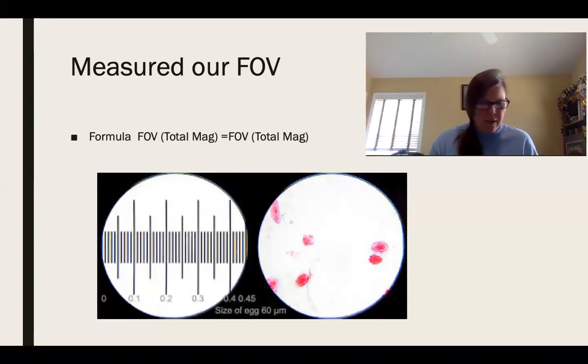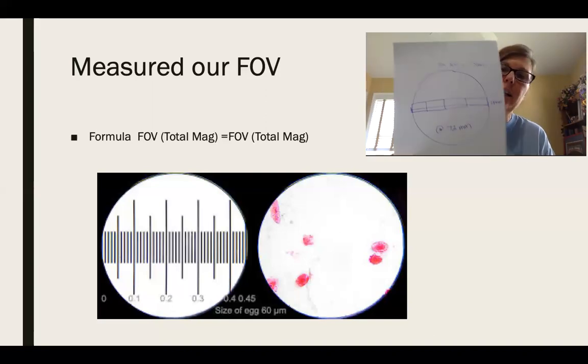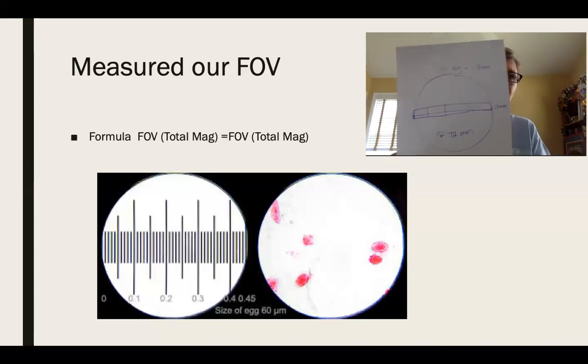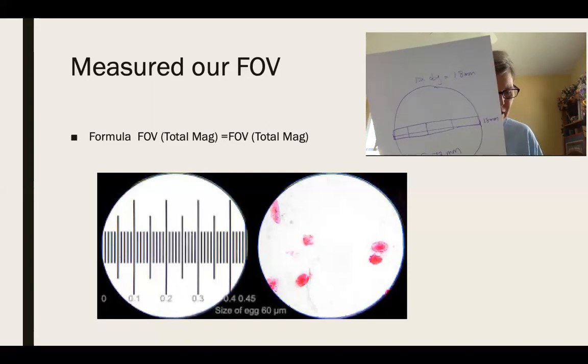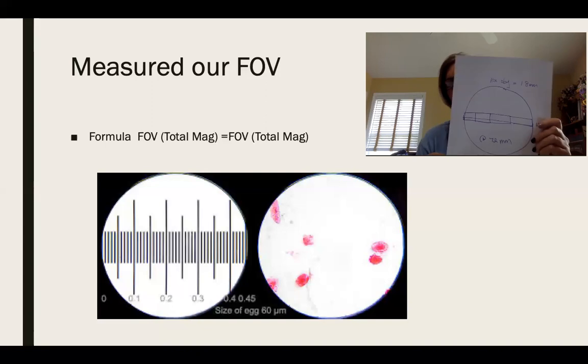All right, so another question they ask you, and you'll be doing this on the next lab, is they're going to ask you to approximate the size. So you're going to use this chart over and over and over again. So I have a picture here. Let's just say, for instance, this is at our 10x objective. I look on my chart and see that my field of view is 1.8 millimeters. So let's just say I counted 4 cells fit across my 1.8 diameter.